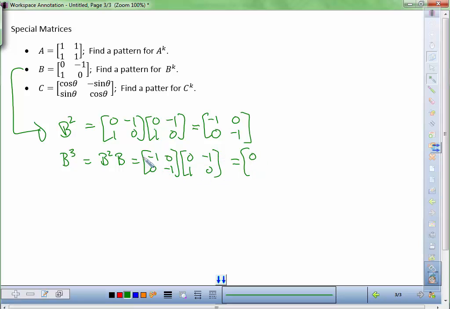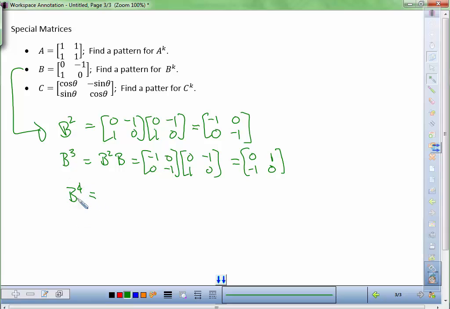First row, second column: -1 times -1 is +1, and 0 times 0 is 0. Second row, first column: 0 times 0, plus -1 times +1, that's -1. And then second column, 0 times -1 plus -1 times 0. So that's b cubed.